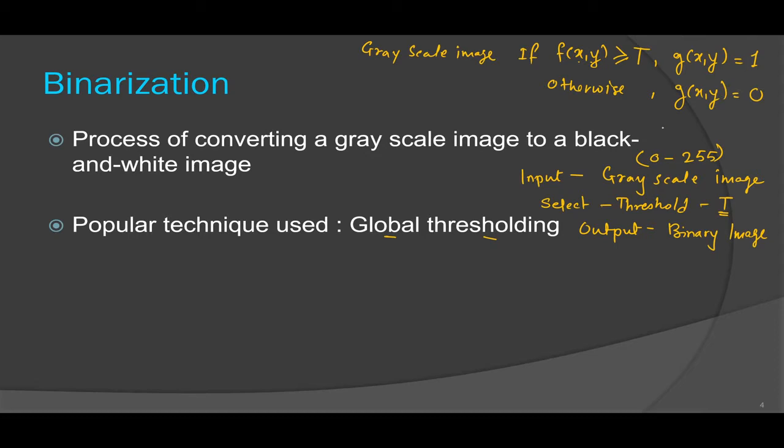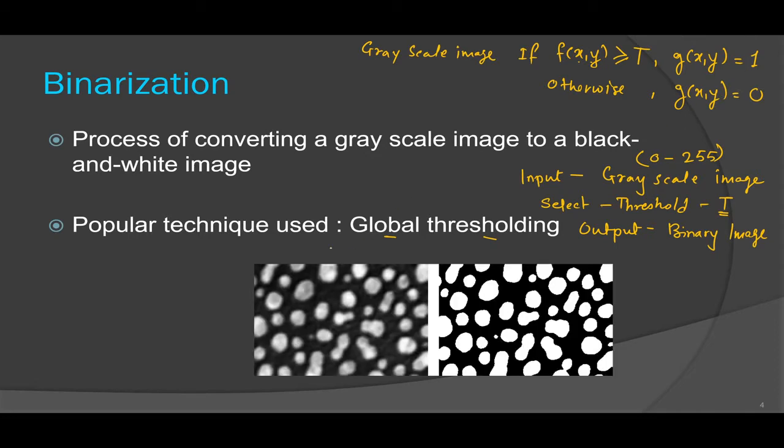Now let us see one example. This is our input image, which is a grayscale image. In this image, in the foreground we have some bright blobs, and in the background we have some uniform gray colored background. We are going to use thresholding to convert this grayscale image into the binary form.